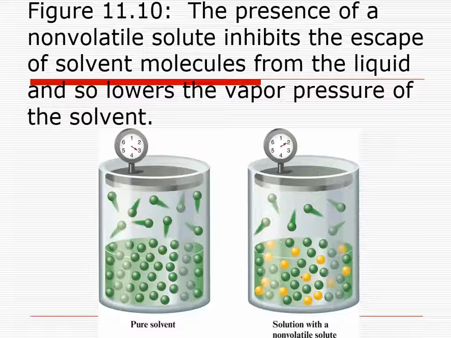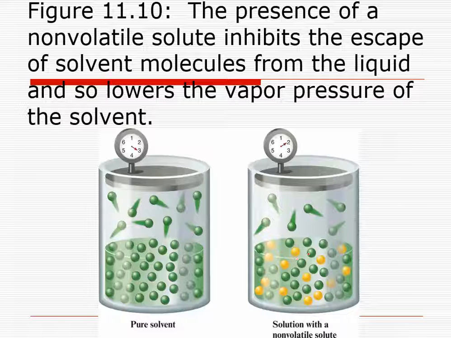Now, if you look at the second container, we've got these little yellow circles, which is some type of solid that was dissolved in there. And now look at the number of green molecules at the surface compared to the first, where the pure solvent is, because we have fewer particles at the surface of this liquid. Once again, it's just the solvent that's going to vaporize in this scenario. You don't have as many particles able to vaporize, and thus notice the vapor pressure is lower in this situation.